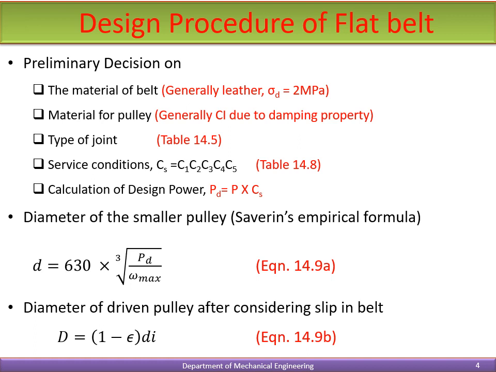The Savarin empirical formula is used for finding the diameter of the smaller pulley, and we have the equation 14.9a for that. And then we will consider the diameter of the driven pulley. After considering the slip of the belt, we will have that equation 14.9b, where epsilon value is 0.01 to 0.03, the coefficient of creep, and I is the velocity ratio.